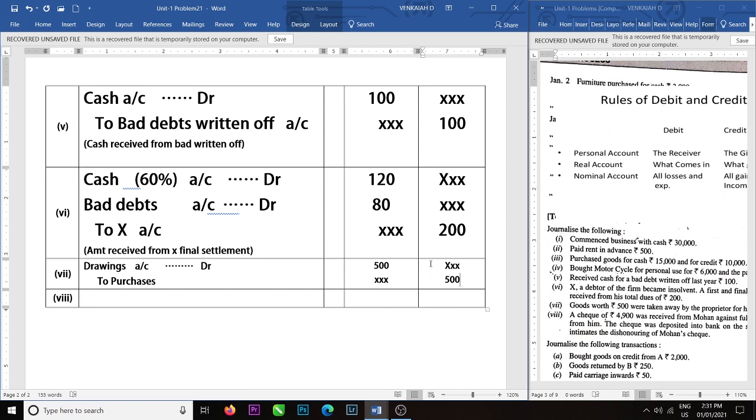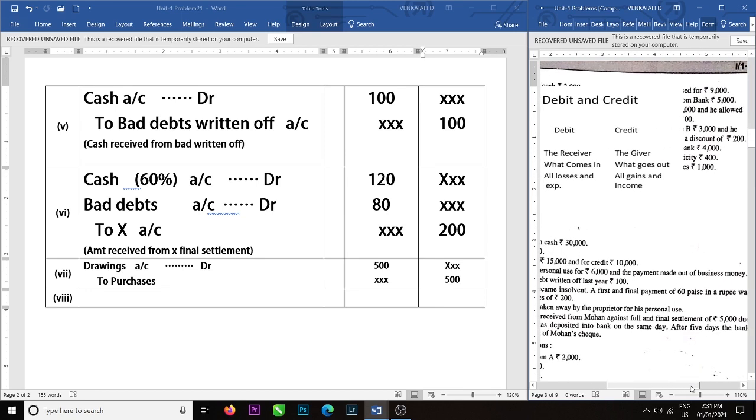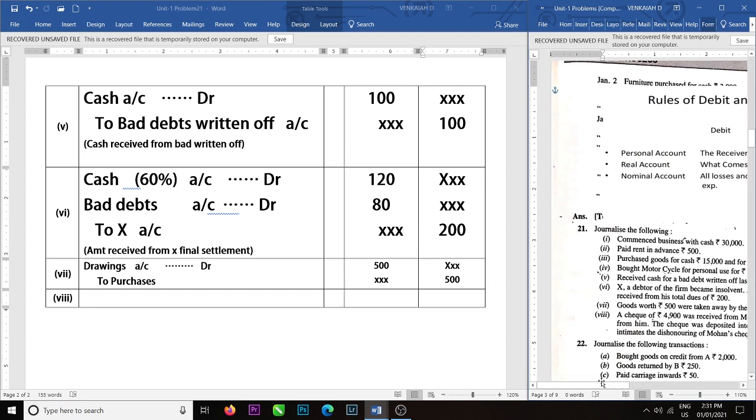The check was deposited into bank on the same date, and the bank intimates dishonoring of the check. Okay. Mohan amount is 5,000.